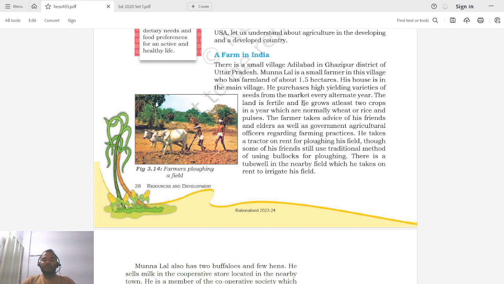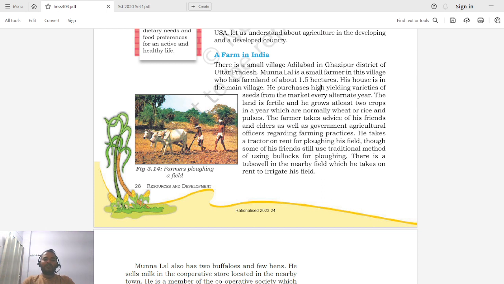The farmer takes advice of his friends and elders as well as government agricultural officers regarding farming practices. So the source of information for him about which type of crop to take is the advice of his friends and some of the elders. Also sometimes he gets information from government agricultural officers. He takes a tractor on rent for ploughing his field, though some of his friends still use traditional methods, using bullocks for ploughing.